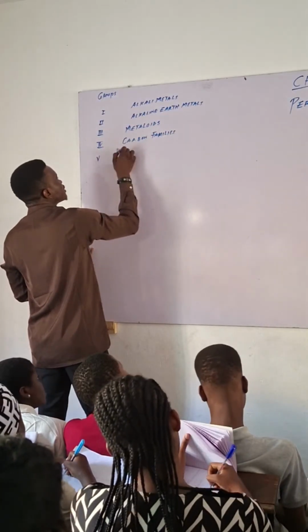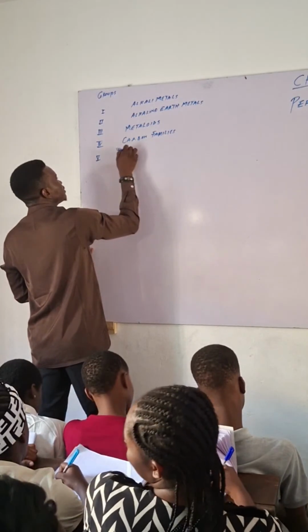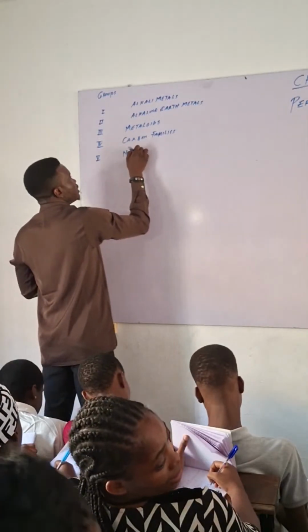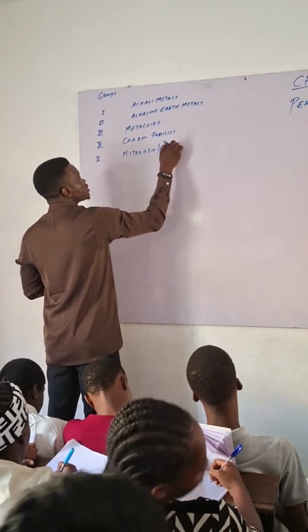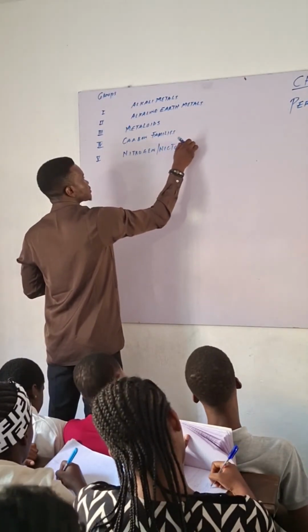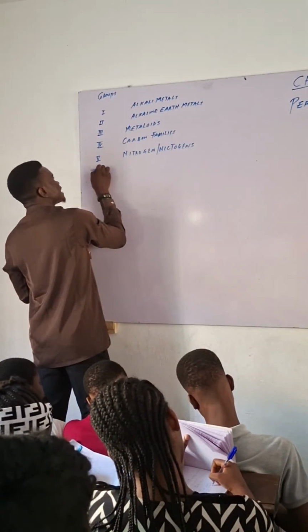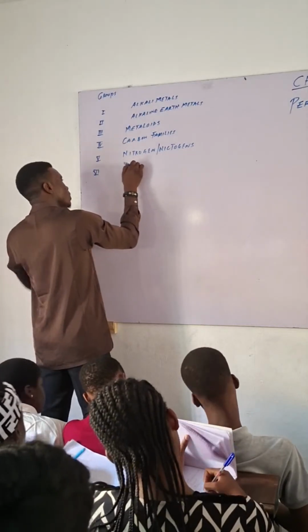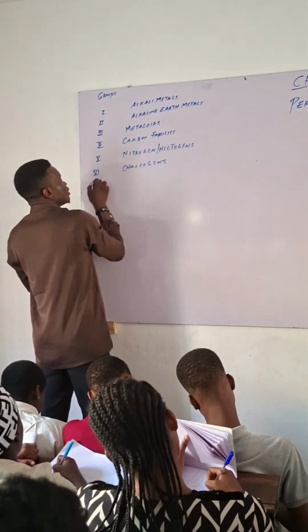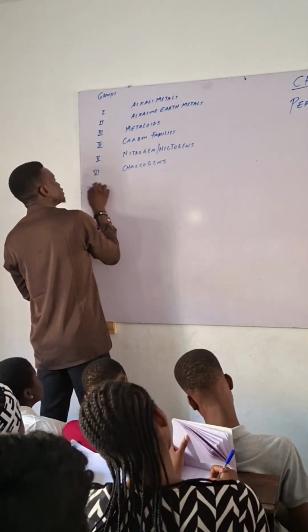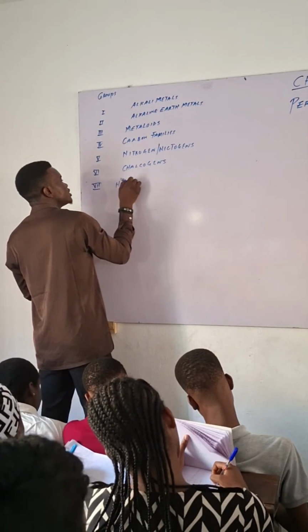Group 5 are called nitrogen families or nitrogens. Group 6 are called chalcogens. Group 7 are called halogens.